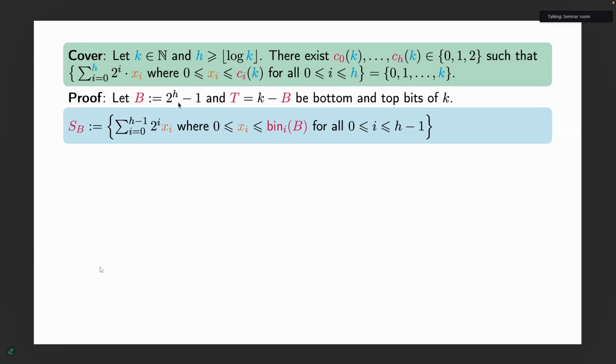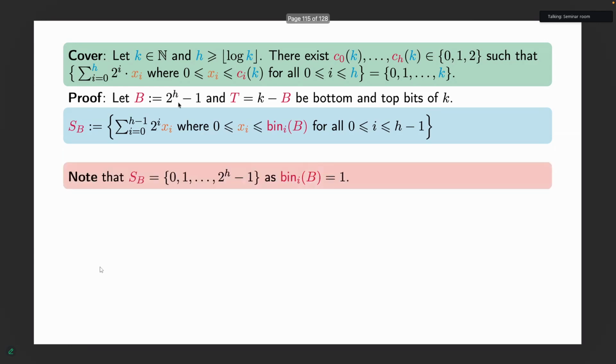So yeah, I create this set, and this set is just this.